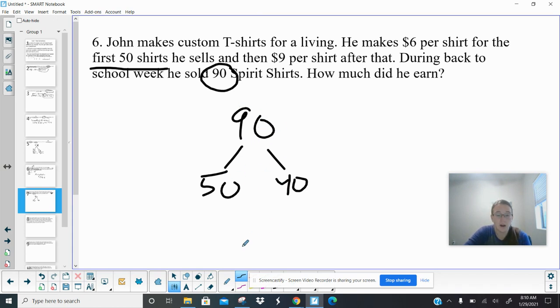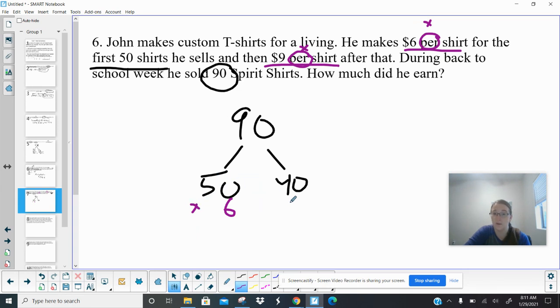So here we have 2 numbers, and conveniently, we have 2 dollar amounts. $6 per shirt means to multiply. $9 per shirt means to multiply. In both cases, the 6 comes first. It goes with our first number. I multiply because it says per. The 9 comes second.